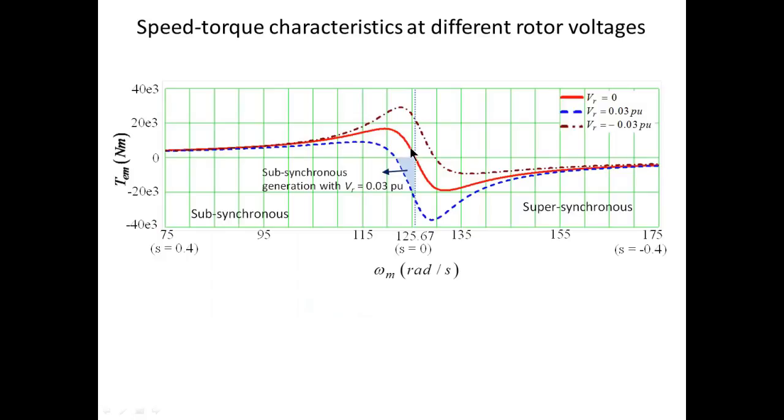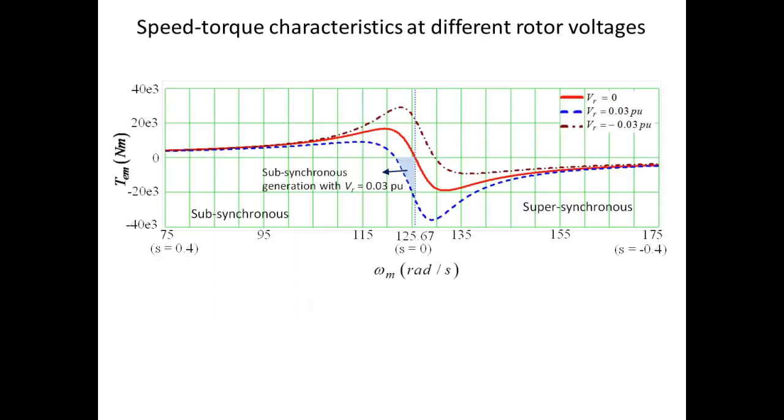So that is the well-known speed torque characteristics for an induction machine. So this is the peak torque, this is the linear portion, and this is the starting torque, and so on. Now, the squirrel cage motor can also be run as a generator, as long as you're able to rotate it at a speed higher than the synchronous speed or negative slip, and the corresponding speed torque characteristics are given in this part of the plot.